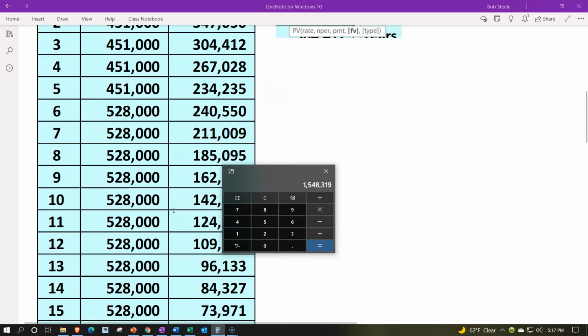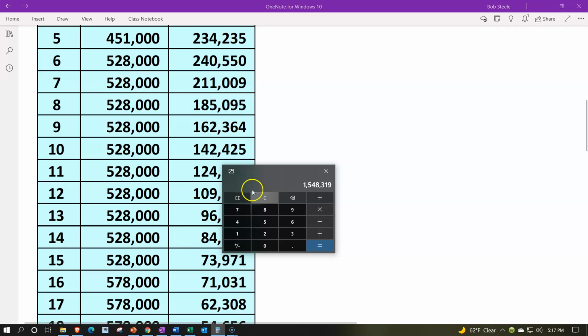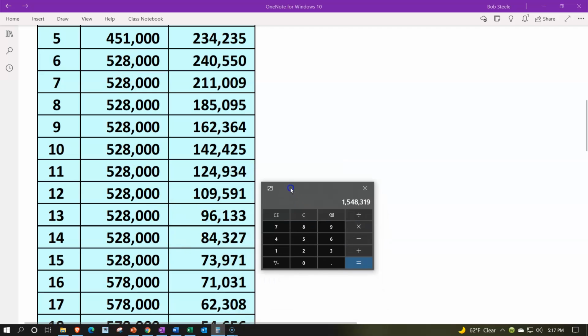And then let's do the next one. We're going to say, all right, and then it went from this 528 all the way down to this last one, 15 years. So we're going to pick this number up, the 240,550 plus the 211,009 plus the 185,095 plus the 162,364 plus 142,425 plus 124,934 plus the 109,591 plus the 96,133 plus the 84,327 plus 73,971.